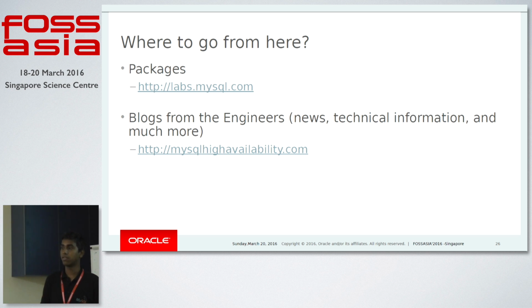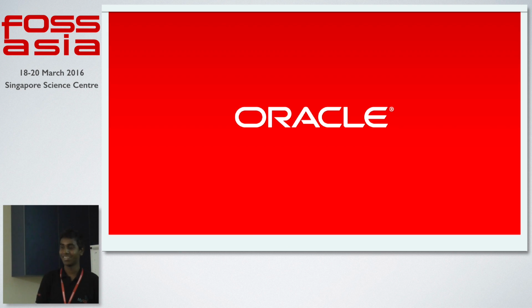We have the latest 0.7 release available there. We have wonderful blogs from the engineers, some of them written by me as well, on mysqlhighavailability.com, which talk about ways to set it up and use it in a very simple way, and we would love for you to break it and report bugs to us on bugs.mysql.com so that we can improve it in the next release. That's all.